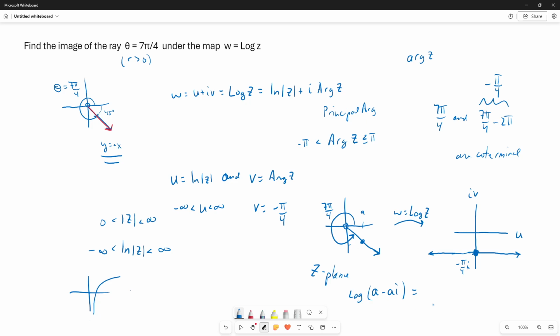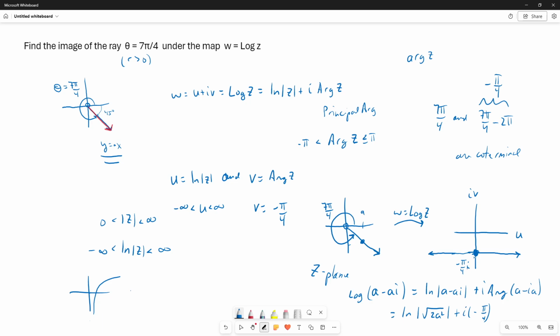So the principal logarithm is the natural log of the modulus of a minus ai, plus i times the arg of a minus ai. Now, the modulus of this complex number is the square root of a squared plus a squared, so the square root of 2a squared. And the argument is minus pi over 4.